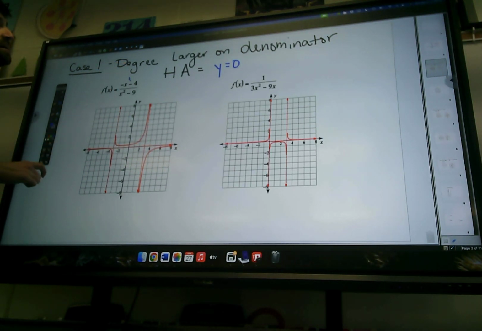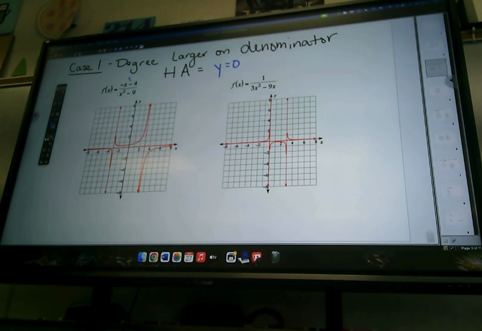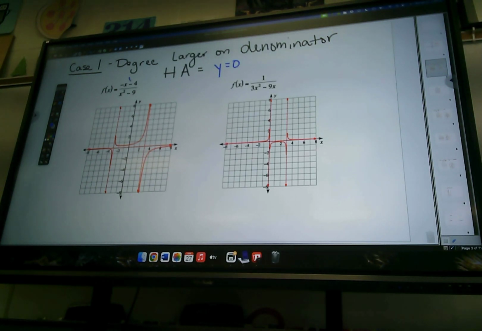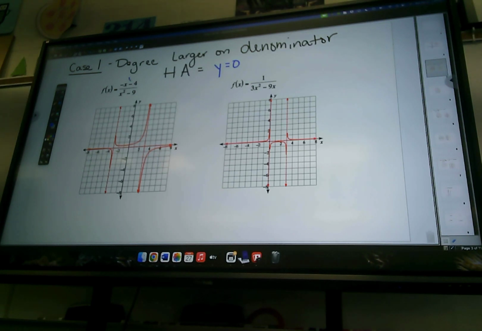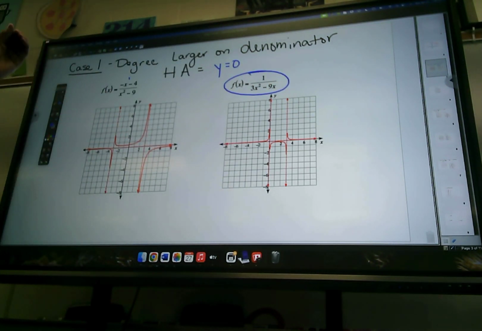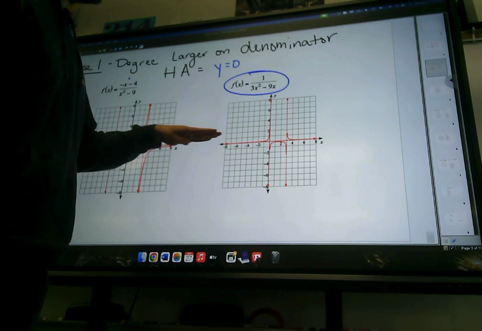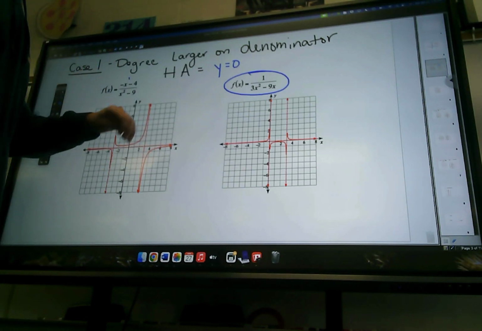Because on this first example, the degree on the top is 1, the degree on the bottom is 2, so the denominator is bigger, so it is always going to be a horizontal asymptote at y equals 0. Now on here, the degree is 0 on the top, and the degree is 2 on the bottom. So again, degree on the denominator is larger, horizontal asymptote at y equals 0.